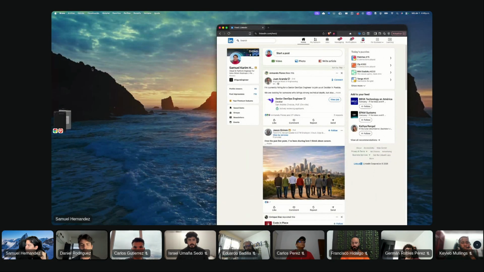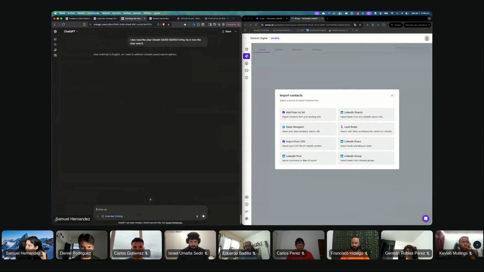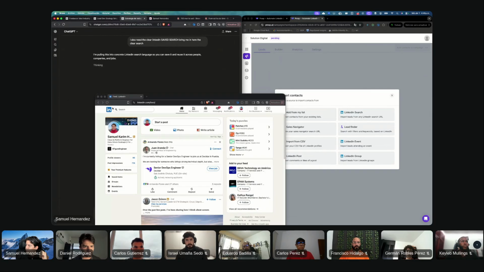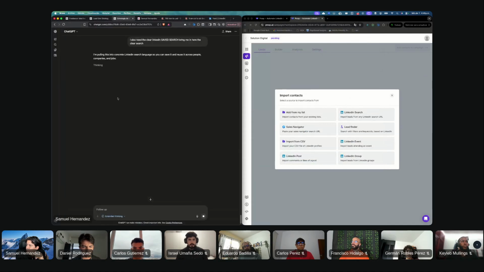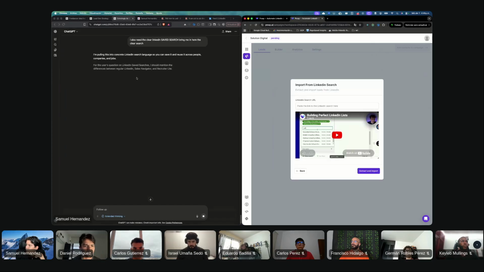Yeah, what we need right now is just to pull this, okay? Okay, beautiful. So also Boolean search support. You have the extended thinking there.